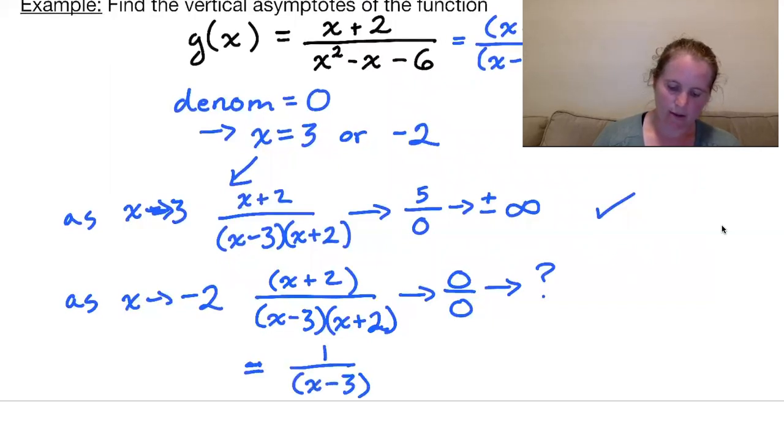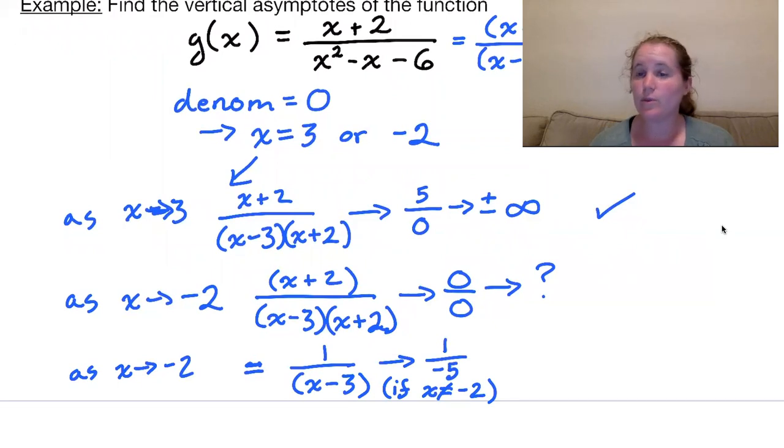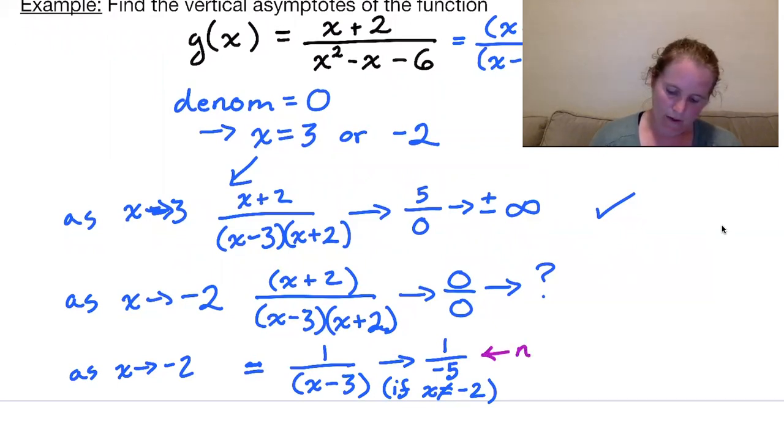We can simply cancel out our x plus 2's as long as x does not equal negative 2. And so if we let that x go to negative 2, we have 1 over x minus 3 will go to 1 over negative 5. And so we don't go to positive or negative infinity. We do not have an asymptote there. It's a hole in the graph.